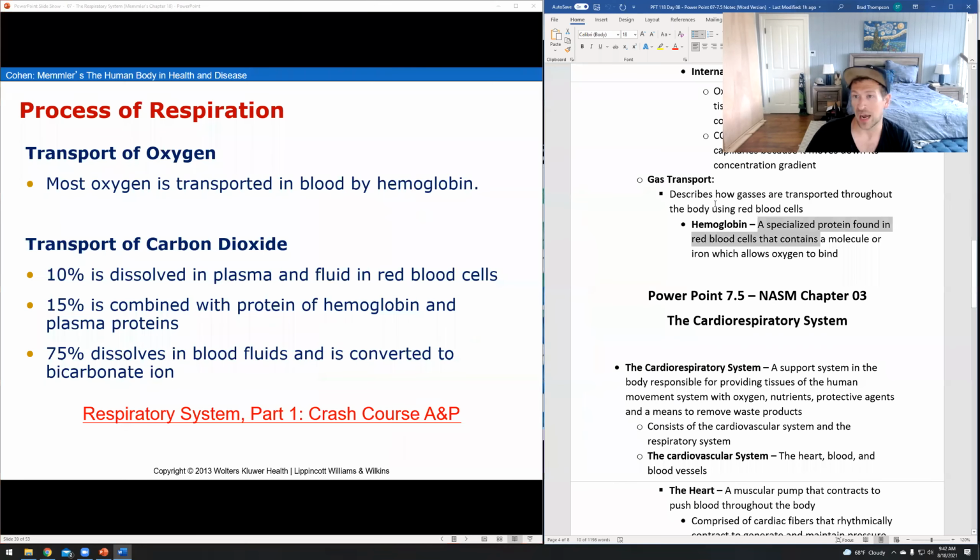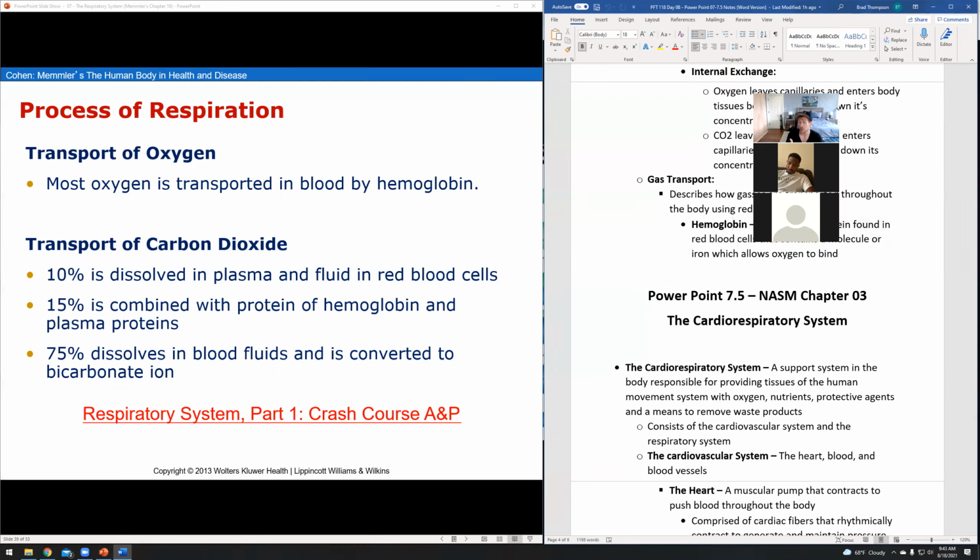So we use iron in our blood to attract oxygen to our red blood cells. And we do that with this specialized protein called hemoglobin. This is why you'll sometimes hear about people who are anemic. If you're anemic, your body is not producing enough hemoglobin. So then your red blood cells are not quite good enough at carrying oxygen around the body, which is why people who are anemic will often feel nauseous.